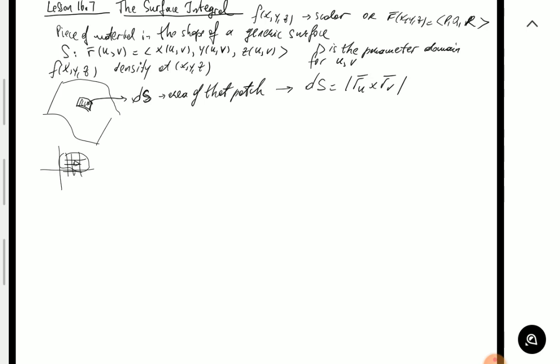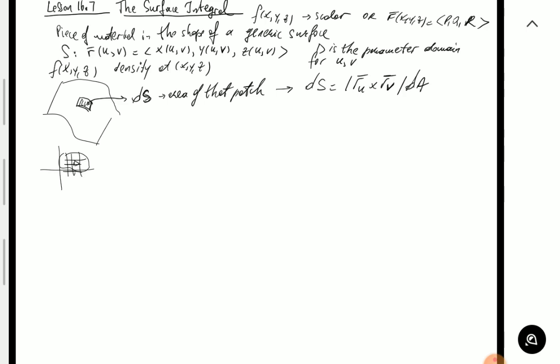Because r_u and r_v, the partial derivatives of r, form a parallelogram whose area is the magnitude of the cross product of these two vectors, and that approximates the area of that patch. To be more precise, this would be |r_u × r_v| dA, if you follow the notation from the previous section.